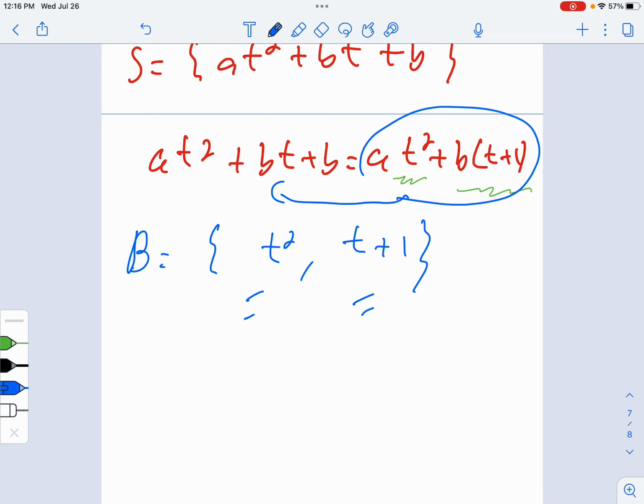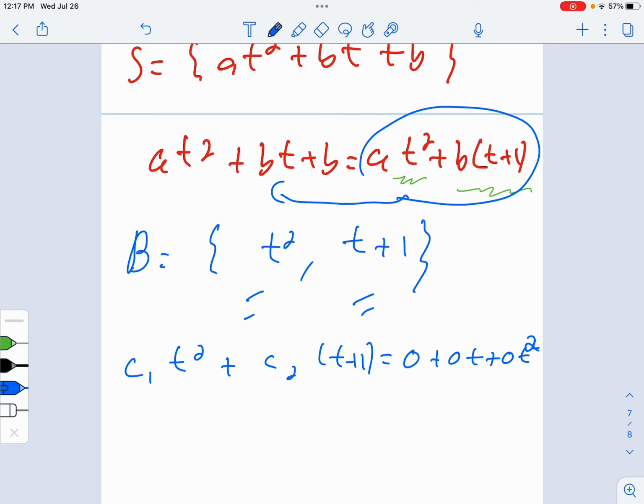However, when you're showing something's a basis, I said, you have to show that it's spanning and then it's linearly independent. Okay, well, how do I show it's linearly independent? Well, if you take a linear combination of these vectors, so some constant times t squared plus another constant times t plus 1, and you set it equal to the 0 vector. However, in this case, the 0 vector is a polynomial, and always remember that when you're talking about the 0 vector, we just don't mean 0 as the number.